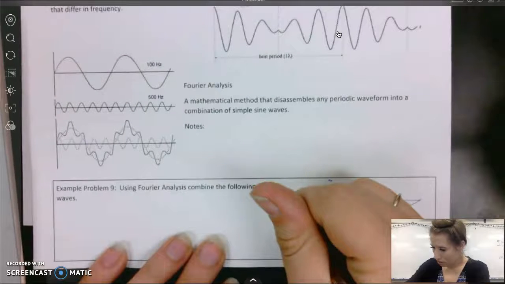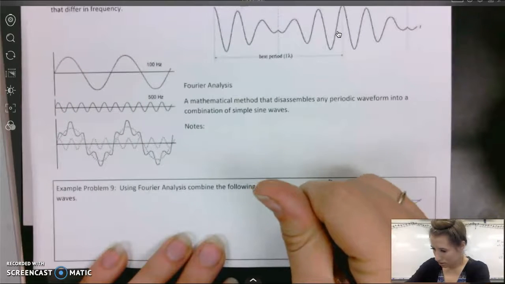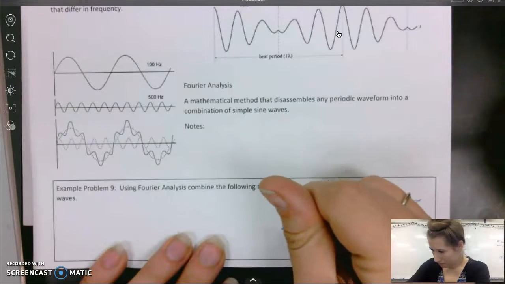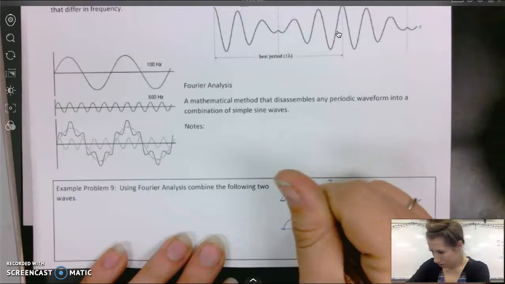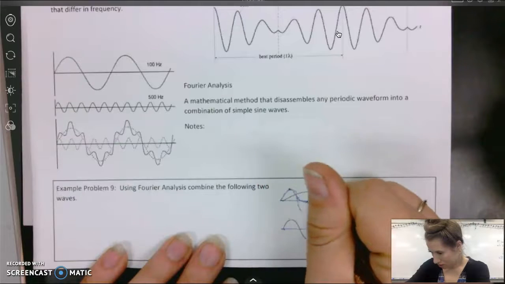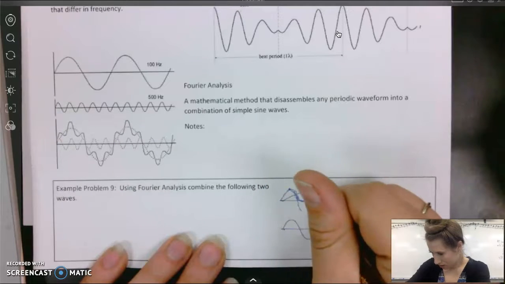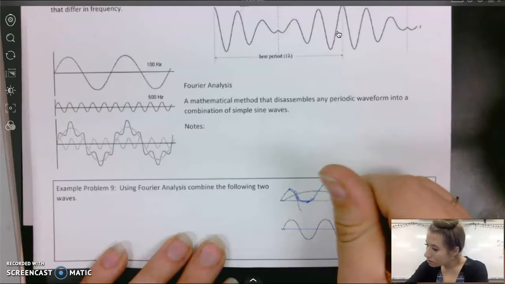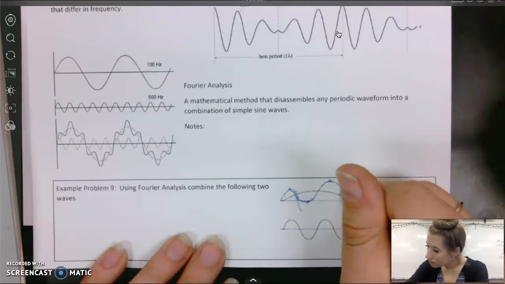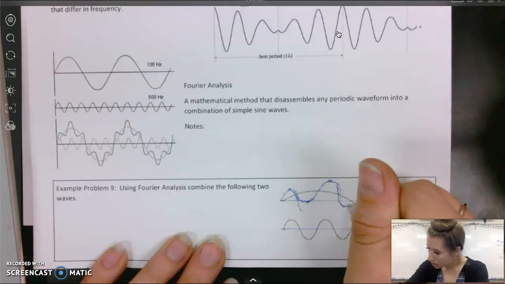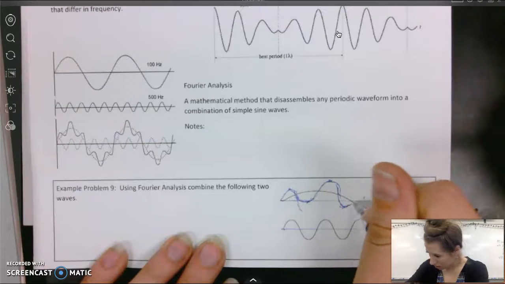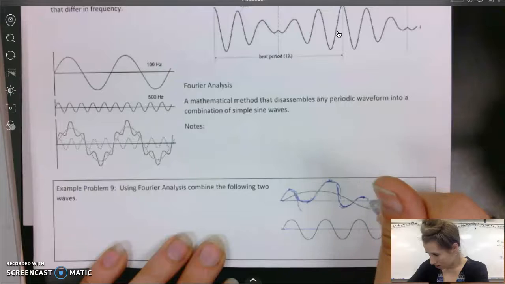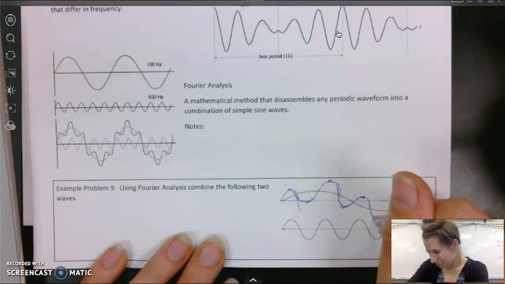So we start at the origin, we'll go up, and we'll go, oh, I went too far. And we'll go down. Okay, so I'm just going to connect all the dots, creating peaks and troughs at the places that I've recognized and calculated.